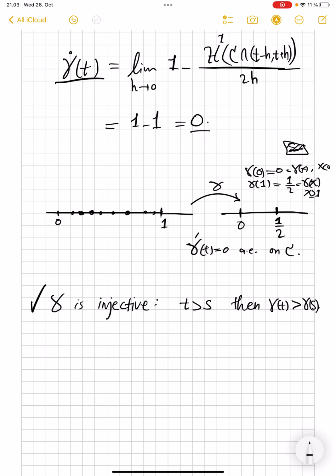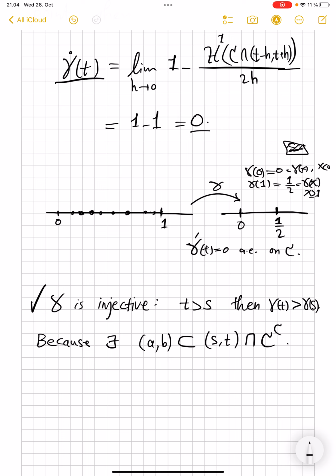Well, this is easy because between s and t there exists some interval which is contained in (s, t) and also completely in the complement of C. So we know that the complement of the Cantor set is an open set with arbitrarily small intervals.